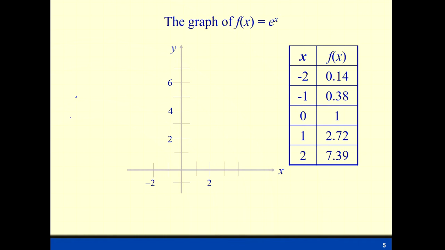So again, when we look at it, we've got those key points because when we plug in 0 for x, any number to the 0 power is 1. And 1 will give me whatever e is, which is 2.71828, blah, blah, blah, which is basically close to 3.